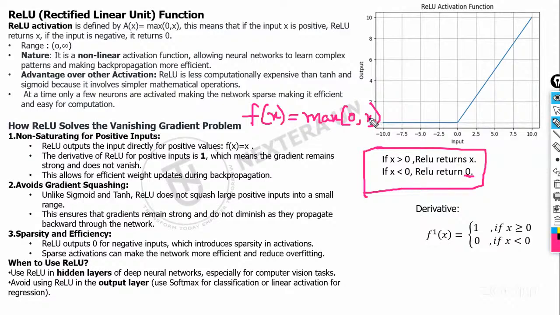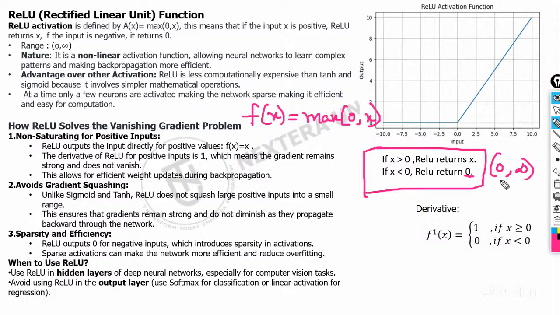Obviously, the maximum value will be x. So I can say that the range of ReLU is 0 comma infinity. I cannot get a value which is less than 0, and I can get any value which is greater than 0 as my upper limit. So this is how you define the range for the ReLU activation function.